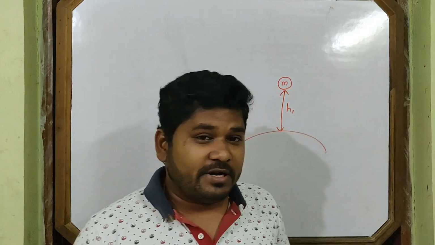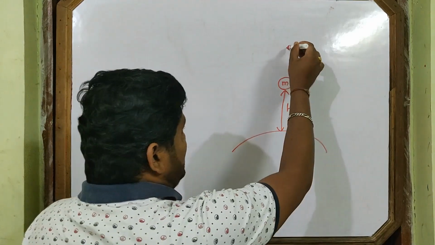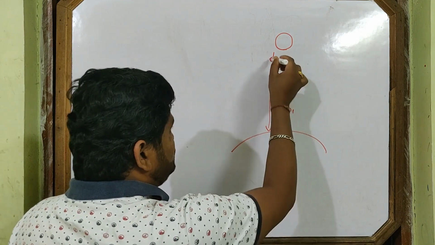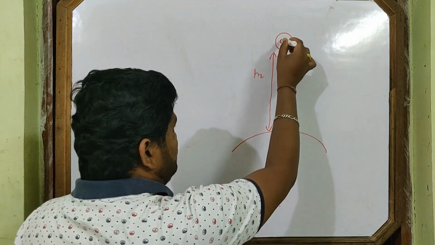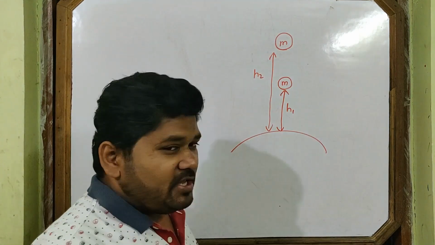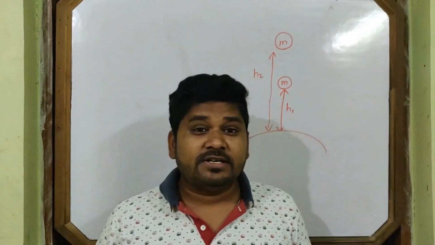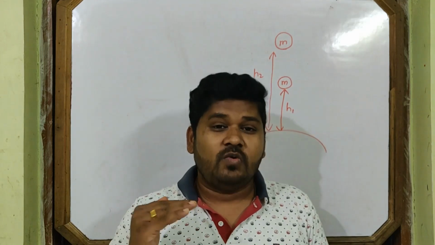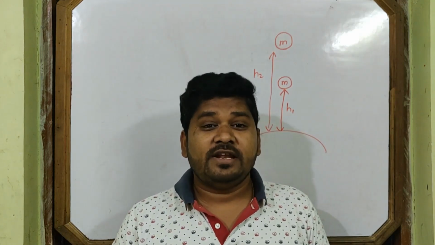If I take the body to height h2, what about the potential energy of the body? Now it increases or decreases? You know also from lower classes, when it is taken to more height, its potential energy increases.